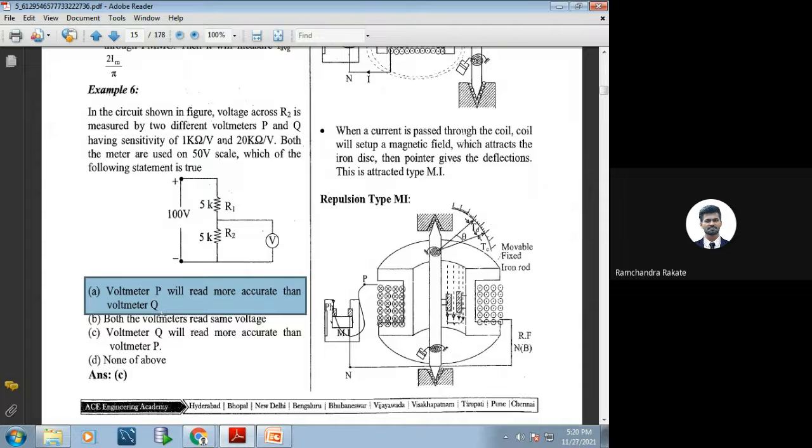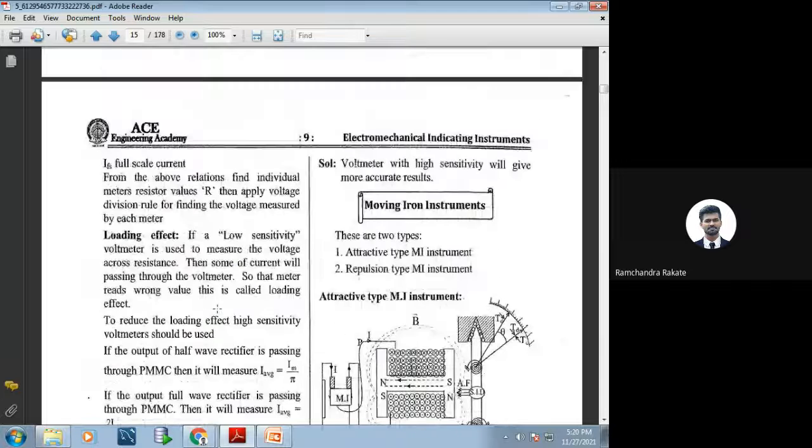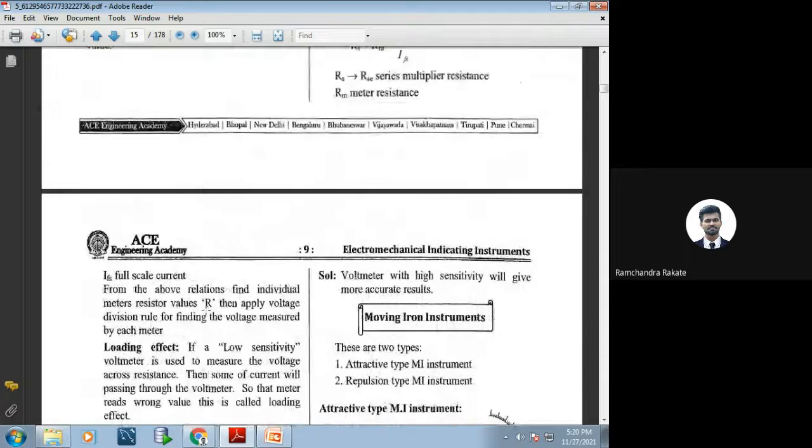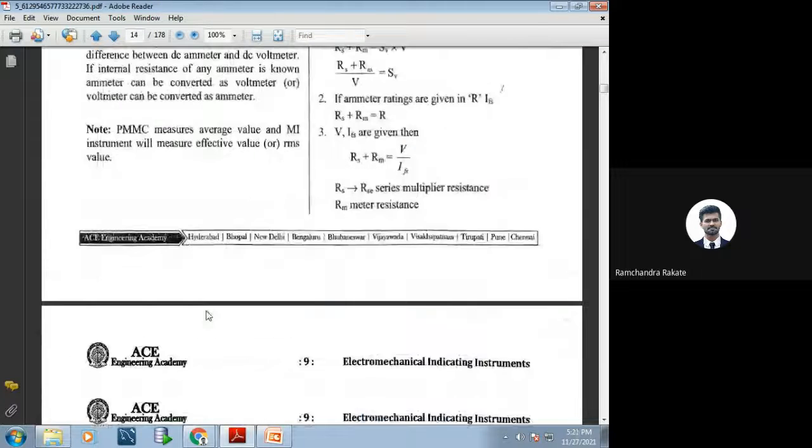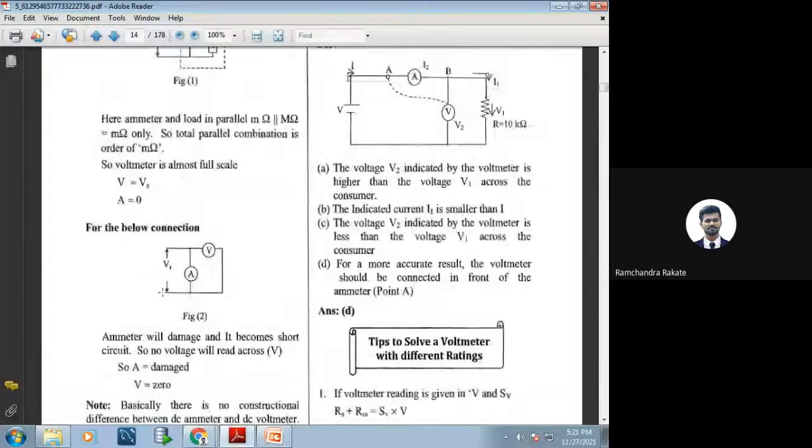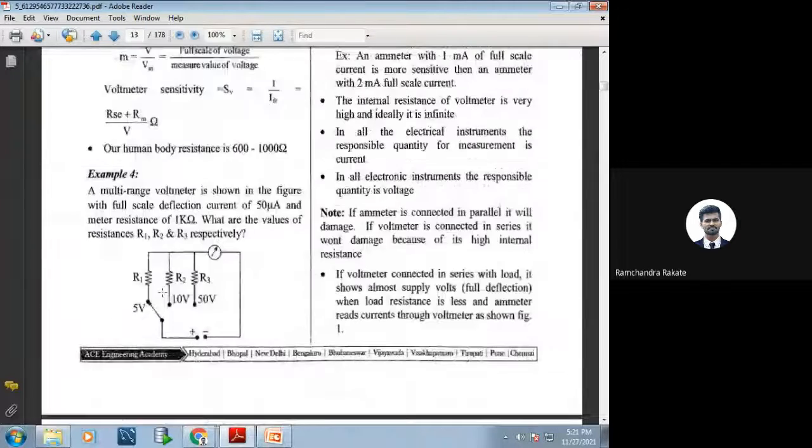Let us move to the third option, that voltmeter Q will read more accurate than voltmeter P. Voltmeter P has a sensitivity of 1 kilo ohm per volt, and Q has a sensitivity of 20 kilo ohm per volt. Now let us understand the relation.